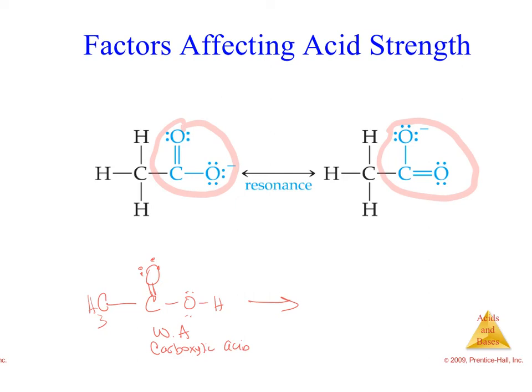The conjugate base, then in this case, H3C, C, double bond O, O minus, where we have our lone pairs. And these do indeed have the resonance contributors that we saw just straight above. So if you have resonance contributors, that increases the stability of the conjugate base, which just increases the acidity of the acid.